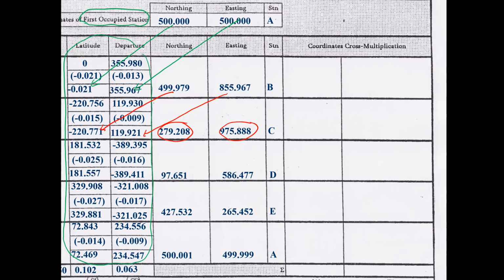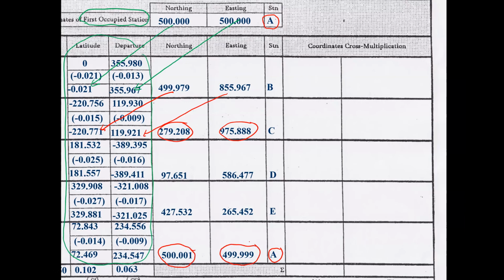So when you're done with it, you look at the bottom of the table, you should get A again. This time A will be the calculated A, the computed A, whereas the A up here is the one given to you. So you just compare, just to check whether you got any error in the calculation.